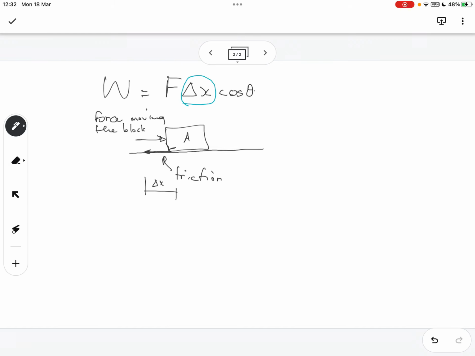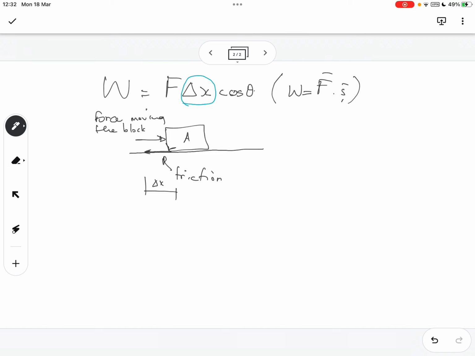This comes from the basic definition that work is a force applied over a certain amount of distance, and that becomes the change in x direction, the lateral motion.